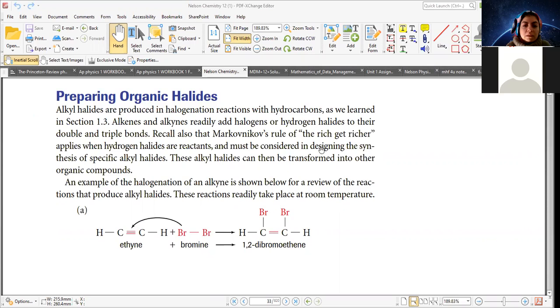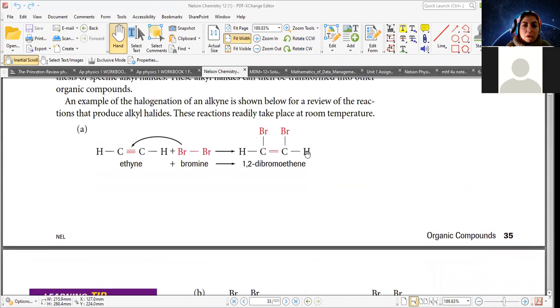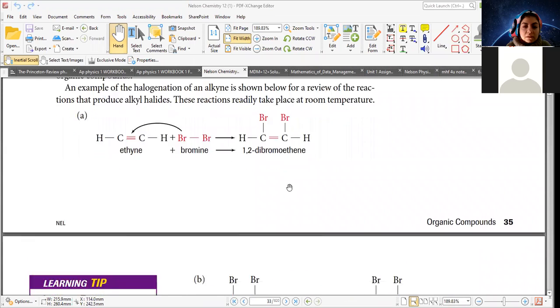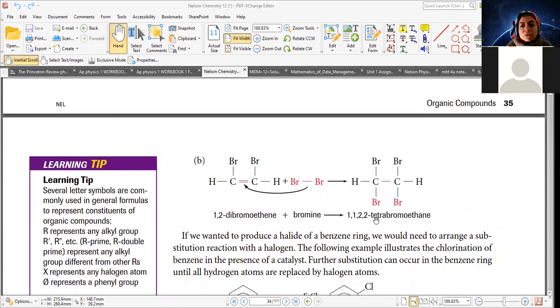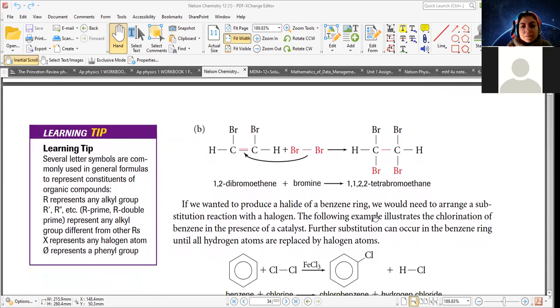Next one: now I take the product that I got there and react it with Br2 again. Now the double bond is going to break and it needs a bond with Br and another one. So Br comes here, Br comes here. As you see, it is 1,1,2,2-tetra. Tetra means 4. Tetrabromoethane. Any question?